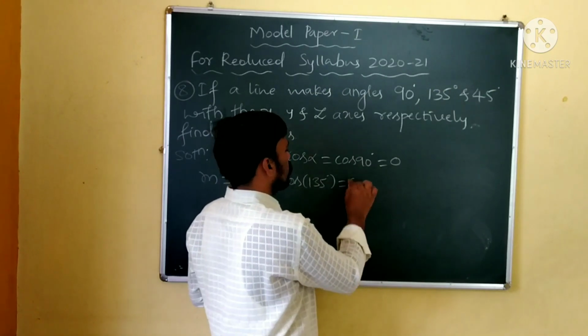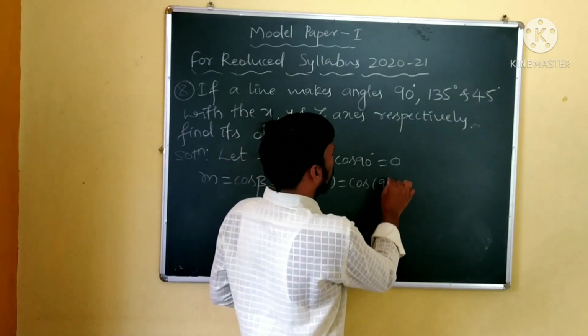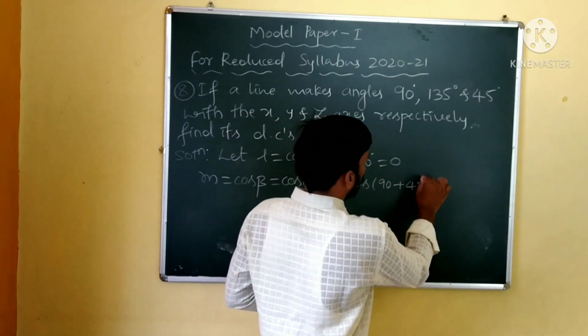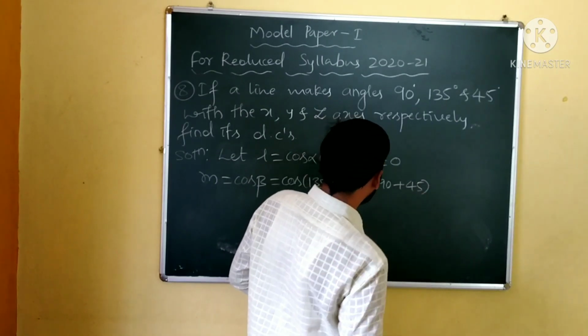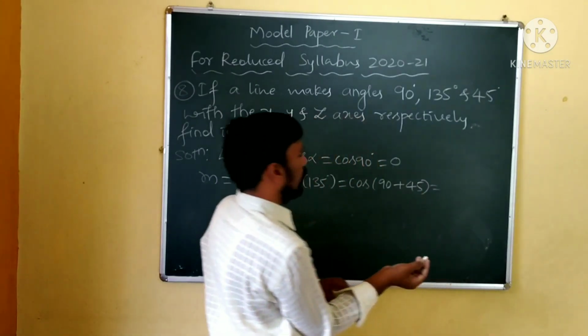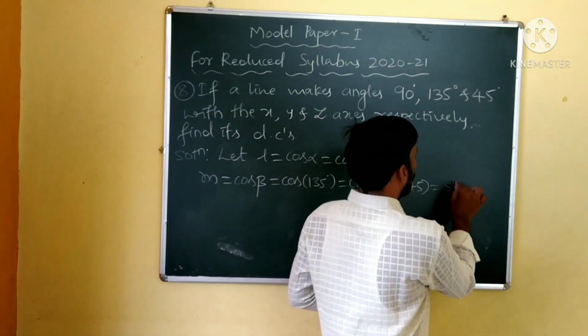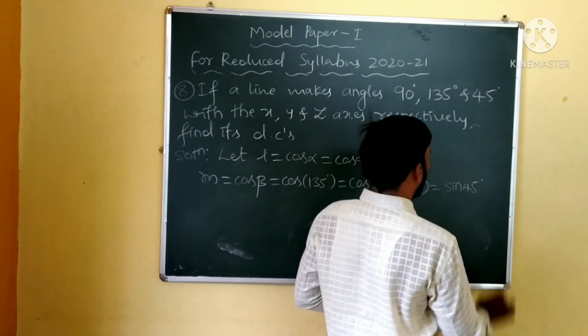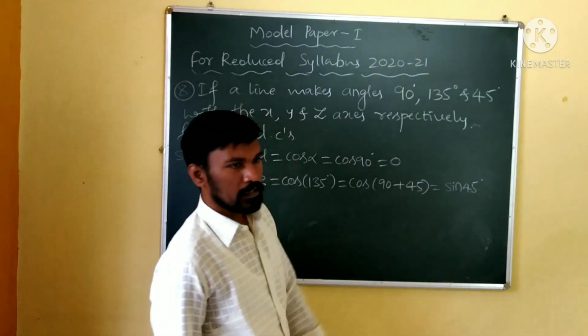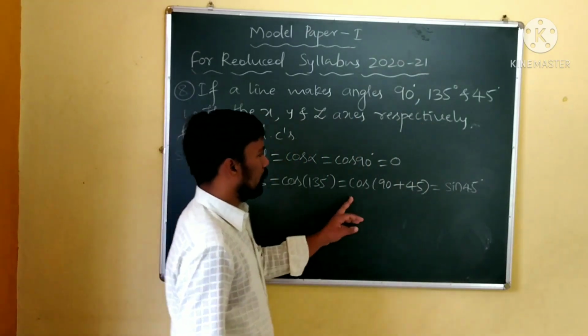135 means cos of, I can take 90 plus 45. So 90 plus theta, you have to change the function, cos becomes sin, which is sin 45. Look at the sign. 90 plus theta will come in the second quadrant. In the second quadrant, cos is negative.